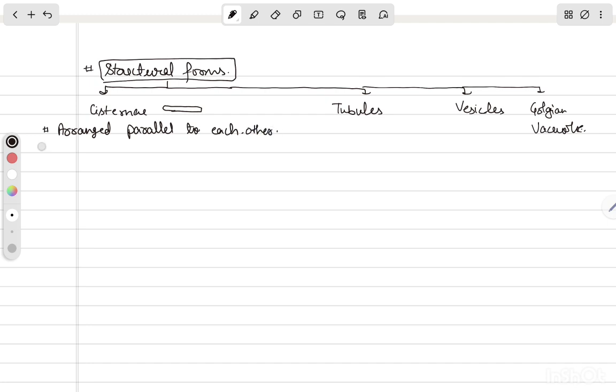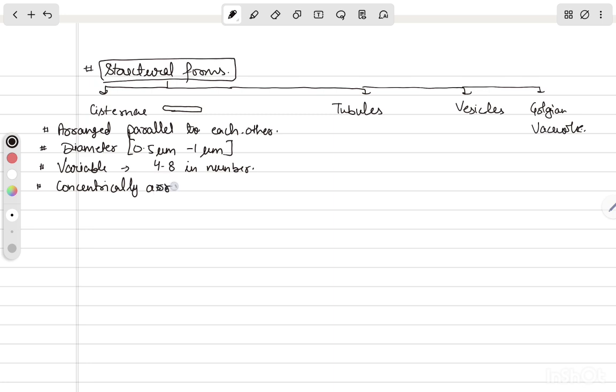So dimension of these cisternae, it has diameter of about 0.5 micrometer to 1 micrometer, right? Number of cisternae in complex is variable. Variable means in general it is 4 to 8 in number, right? These cisternae are concentrically arranged near the nucleus, right?